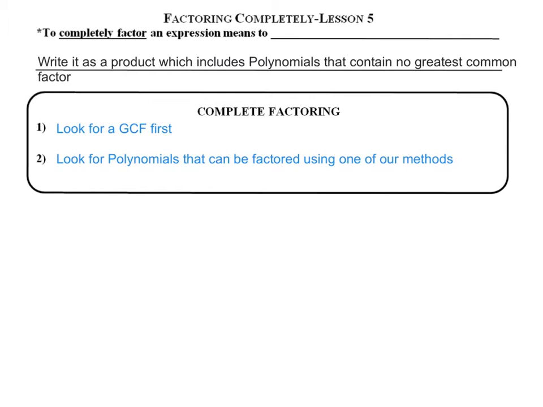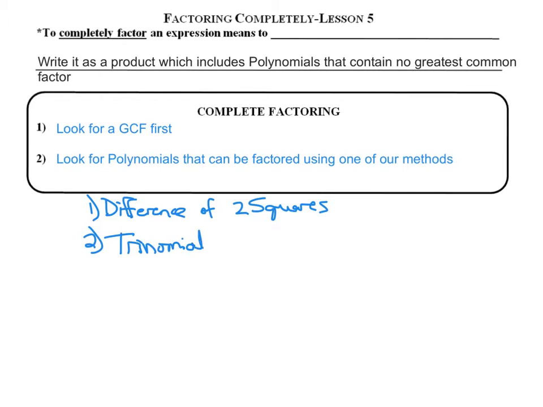Those methods could include difference of two perfect squares, or I might have a trinomial that needs to be factored, or possibly I might have either the difference or the sum of two cubes. So let's go ahead and try some examples of factoring completely.